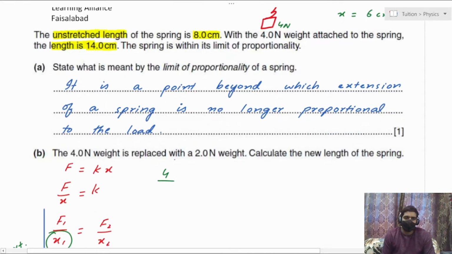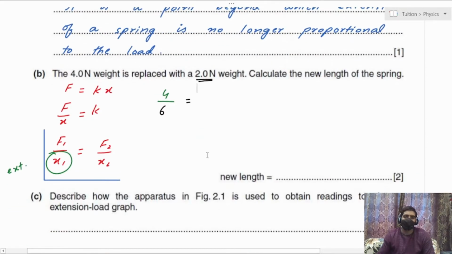So I'll be writing 6 centimeter over here equals, what is the new force now? The 4 Newton weight was replaced by 2 Newton. Okay, so let's write 2 over here. And what would be the extension against that force? It would be x that we need to calculate.